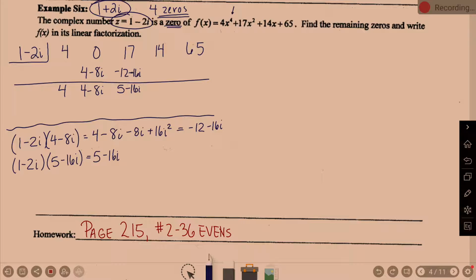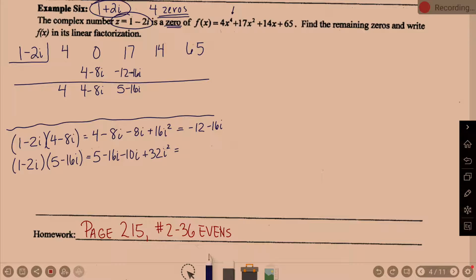Negative 2i times 5 is minus 10i. Negative 2i times negative 16i. Negative times negative is positive 32i squared. Clean it up.